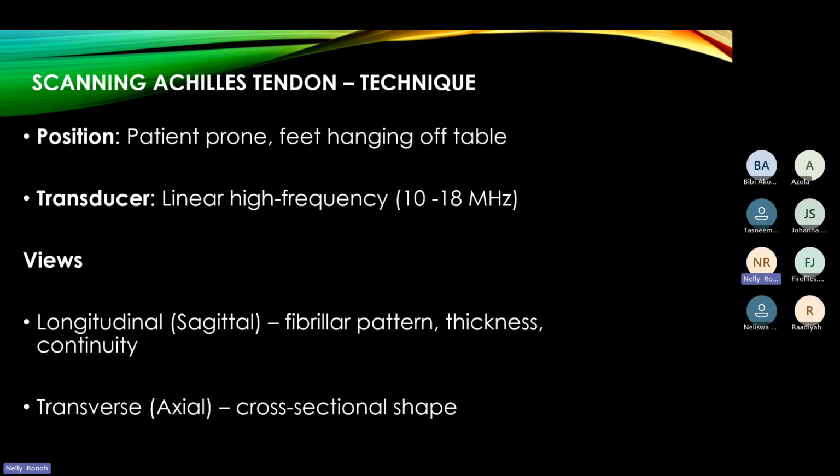Then for the axial, you want to check the cross-sectional shape of it. Usually there is that peritendinous envelope, and when there is a problem in the tendon itself, it can collect some fluid around it. This fluid you can see better on a transverse plane than on a longitudinal plane.